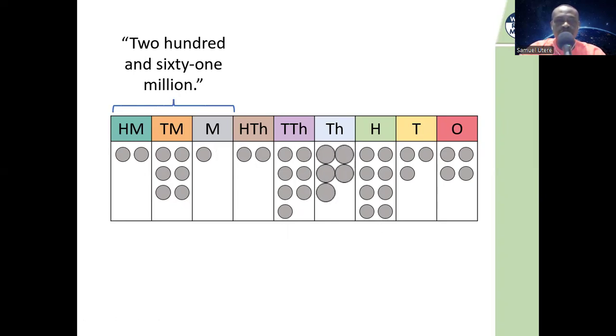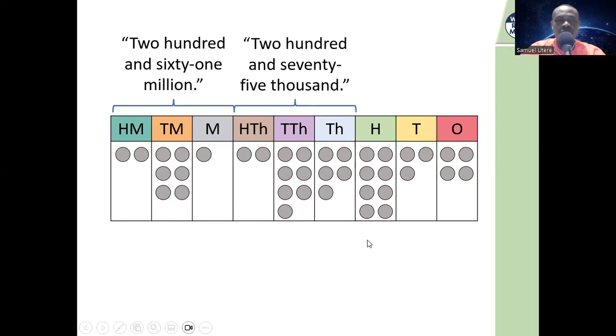If we focus on the thousands, we have 200,000, and then we have 7 10,000s and 5,000. So if we focus on the thousands, we have 275,000. Okay.